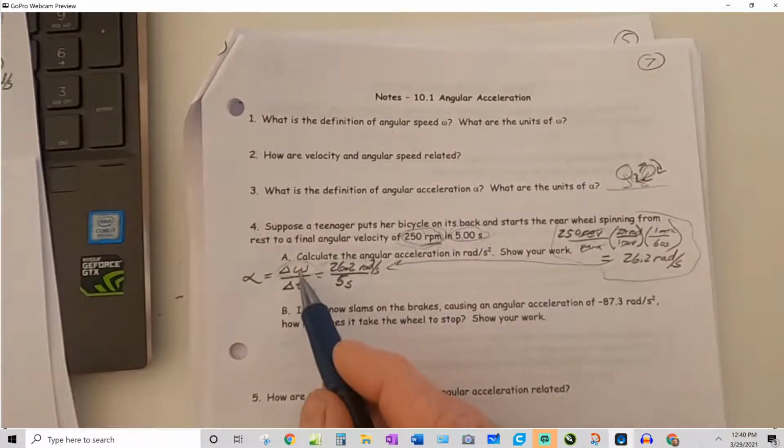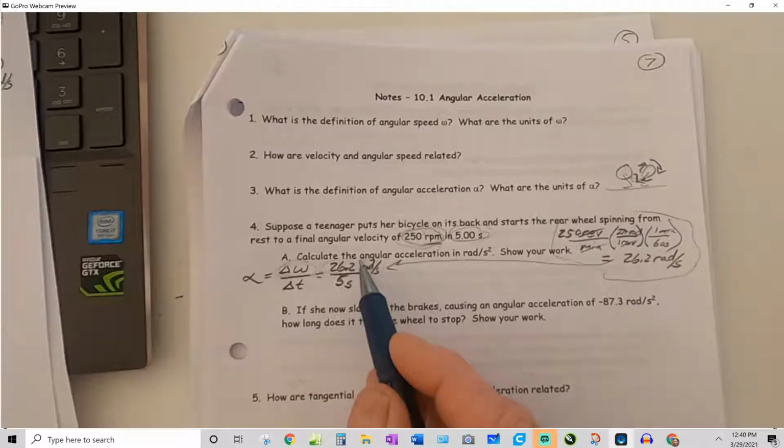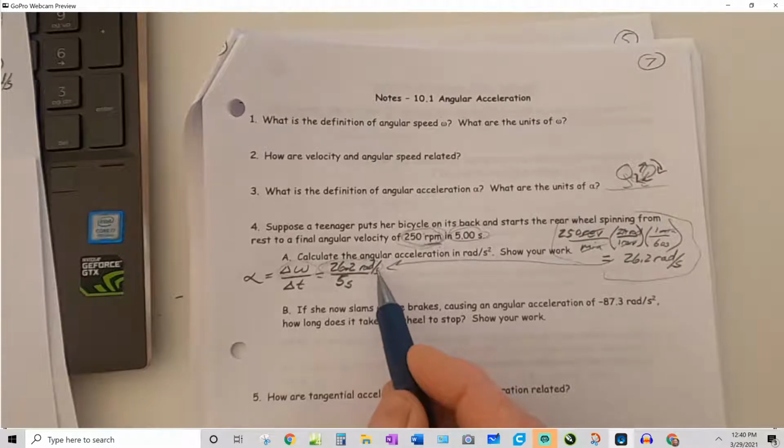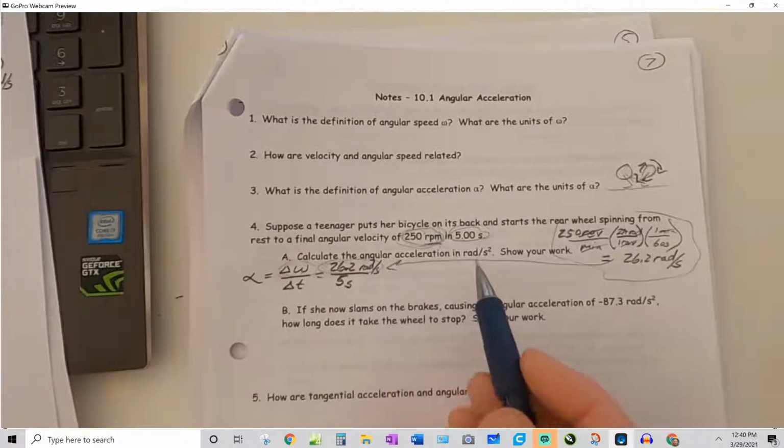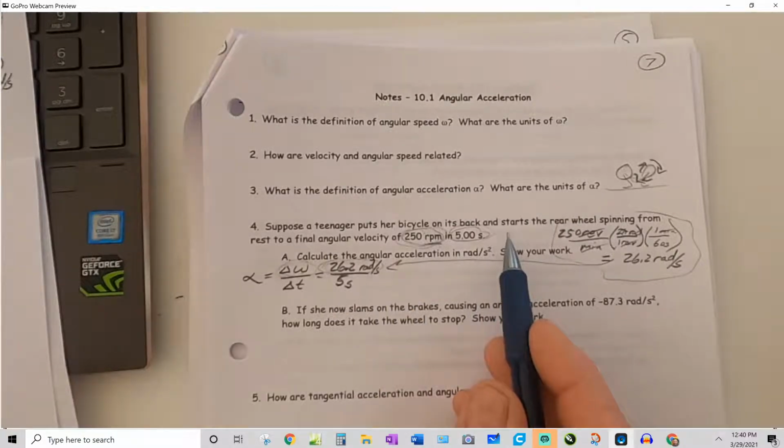And this doesn't ask for angular speed, it asks for change in angular speed. Is that 26.2 really the change in angular speed? Nod or shake. So what was the angular speed before she started doing this? It was 0.